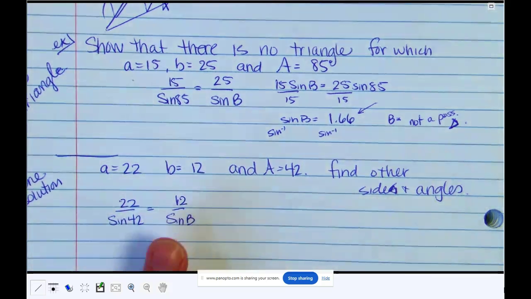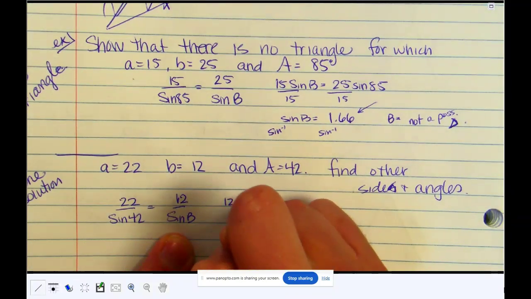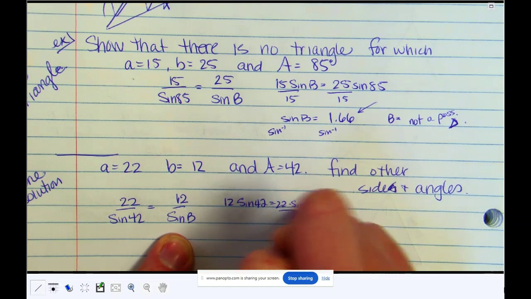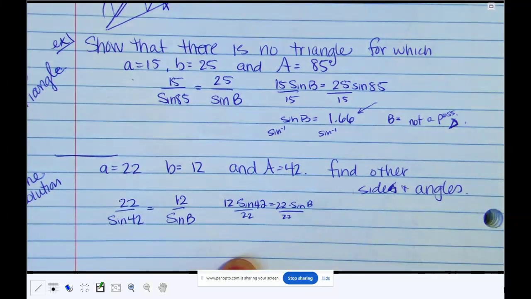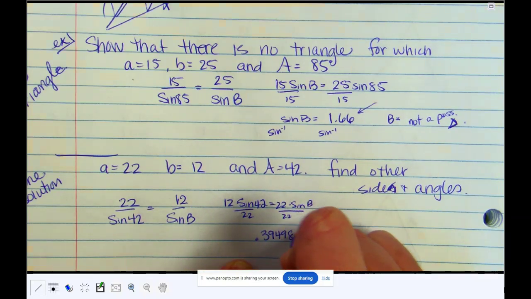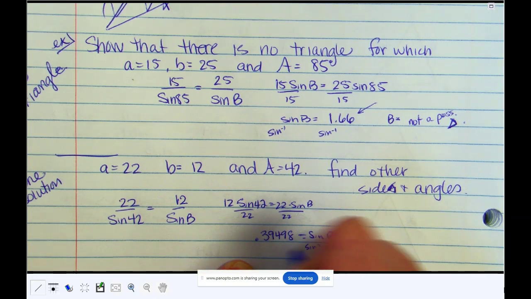So the first thing you should be able to find is sine B. So 12 times sine 42 equals 22 sine B, and divide by 22. So 12 sine 42 divided by 22 gives 0.39498 equals sine B. Okay, so you can sine inverse that.